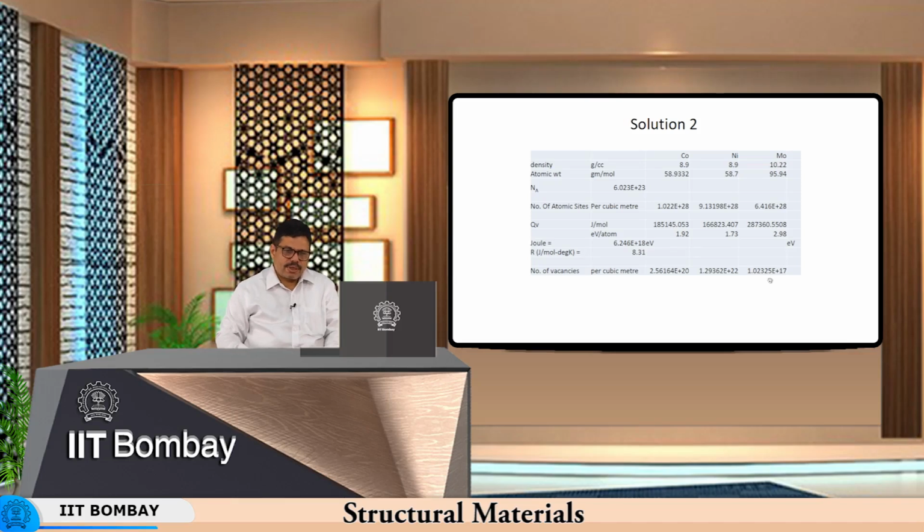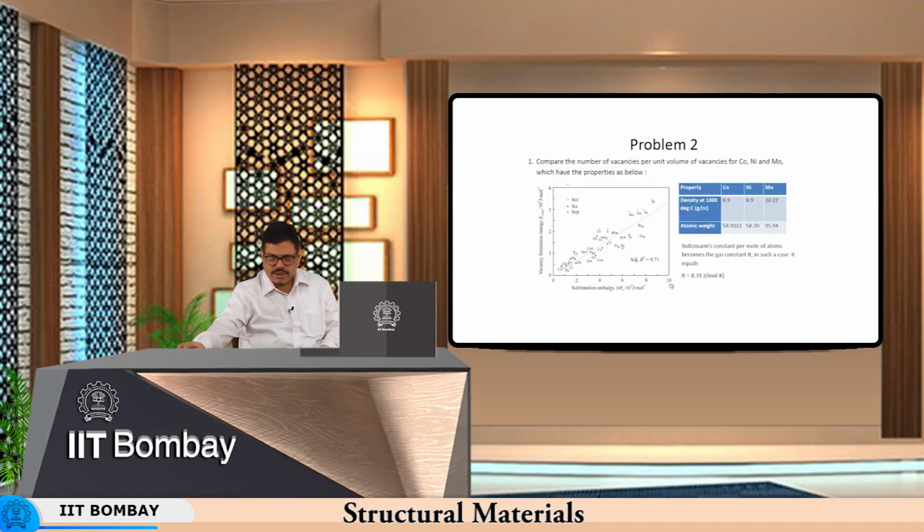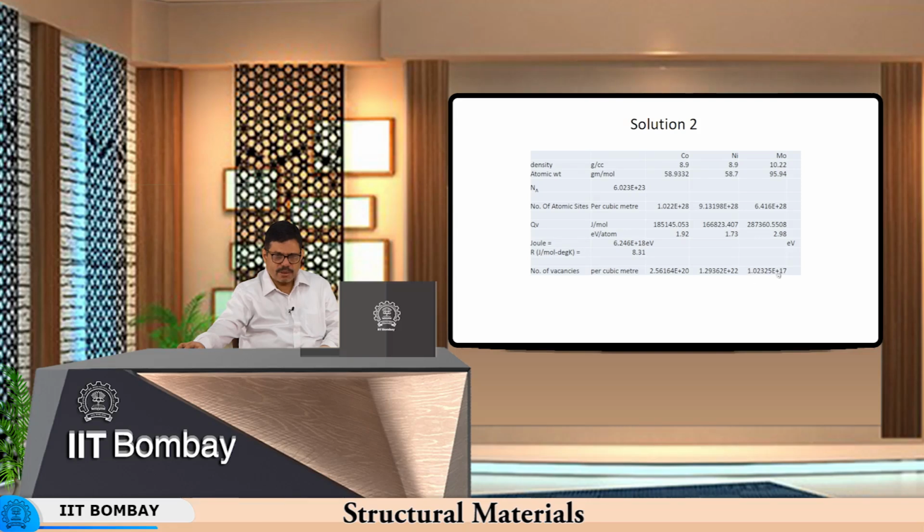Now this becomes a very crucial calculation, because if you look at the three materials, cobalt, nickel and molybdenum, the presence of vacancies encourages diffusion, or is one of the means of enhancing the rate of diffusion or diffusivity of alloying elements or atoms in the lattice. If the number of vacancies is smaller, then the corresponding diffusivity is also less, because the vacancies reduce the activation energy that is required for diffusion.